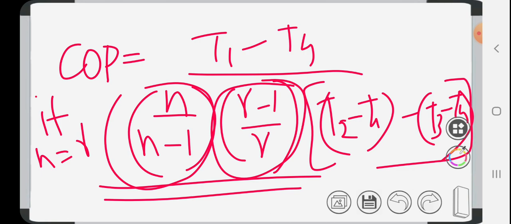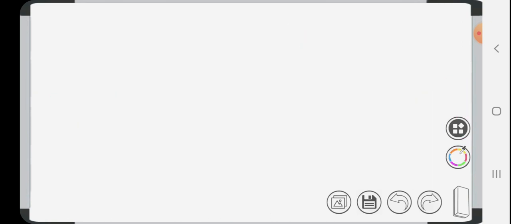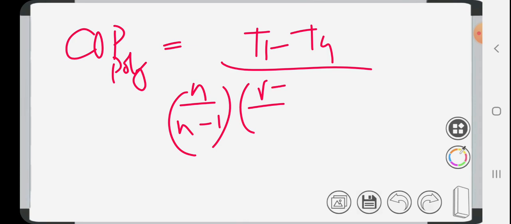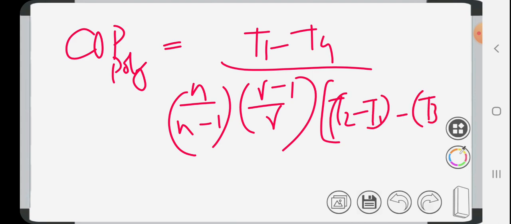There we can use the adiabatic equations and solve to get COP equal to 1 by (Rp raised to (gamma minus 1) by gamma, minus 1), right? So COP in case of polytropic will be equal to (T1 minus T4) by (n by n minus 1 into gamma minus 1 by gamma) into (T2 minus T1) minus (T3 minus T4).